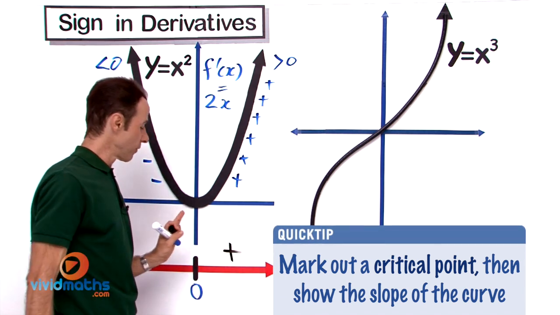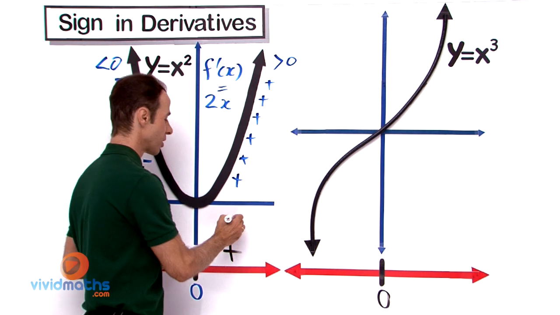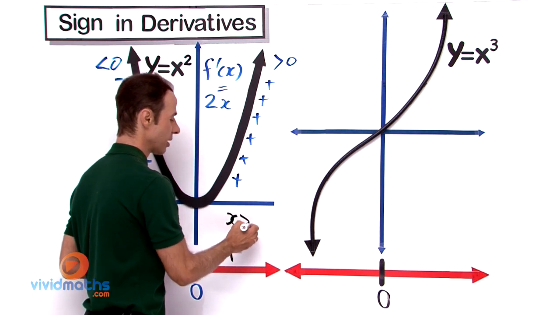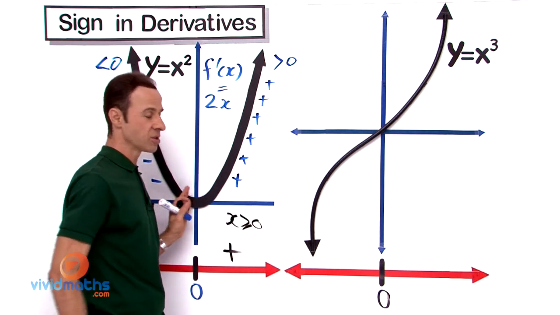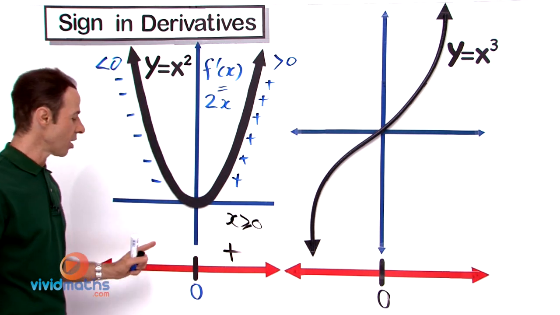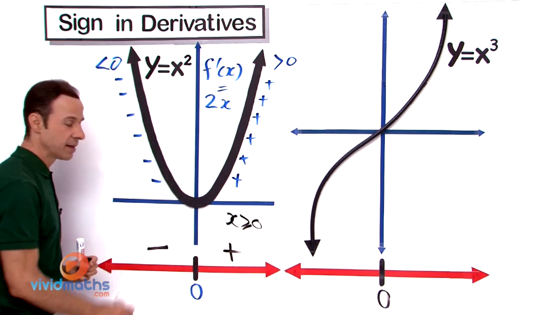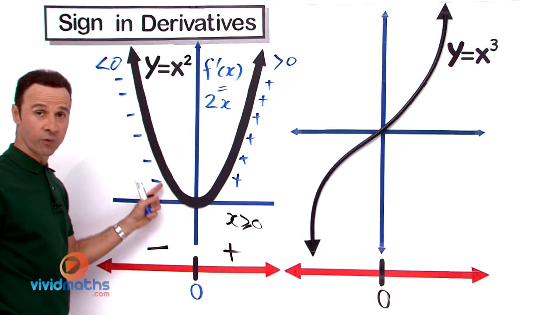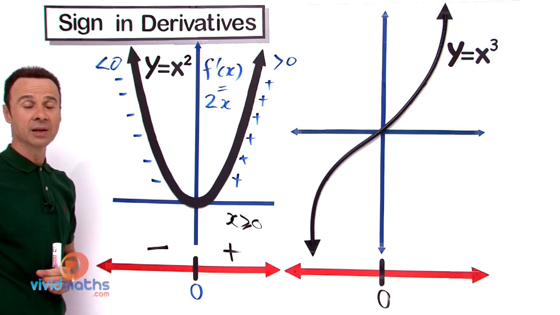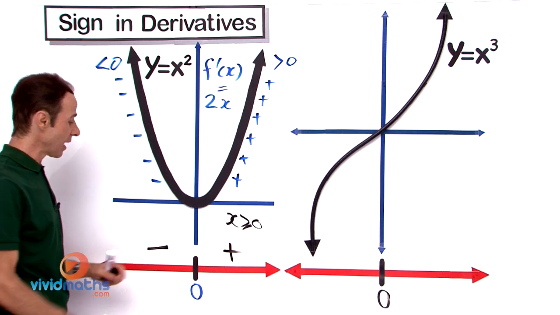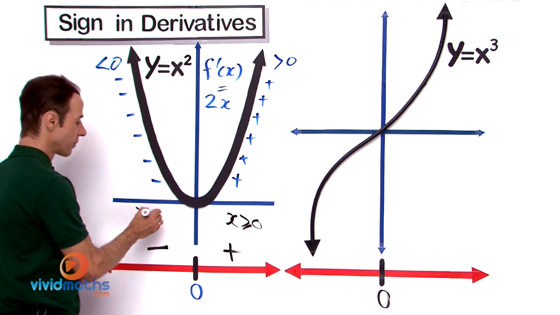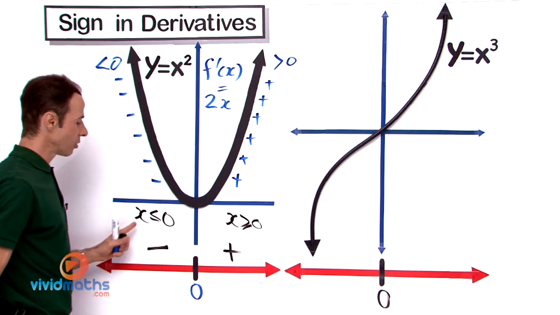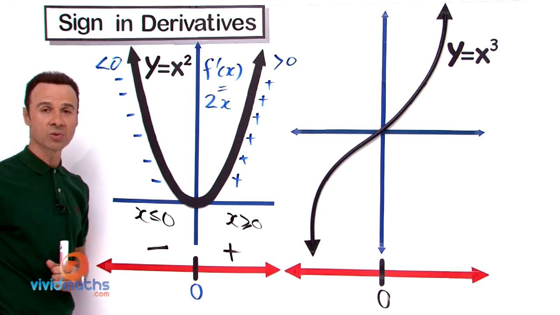It's rising for values of x greater than or equal to 0. That's to the right of the domain. And over here, we simply put a big minus on the sign diagram, indicating that it's falling or monotonically decreasing. And that's all you have to do here. If you want to add the sign, it is decreasing for x less than or equal to 0.